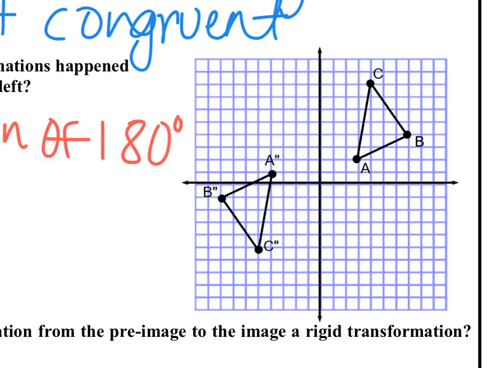After you do the rotation with your patty paper, it ends up here for A prime. C prime is at (-4, -8). And B prime would be at, I don't know what that is. Here. You got to use your patty paper to do that, or you're going to be a little bit confused.